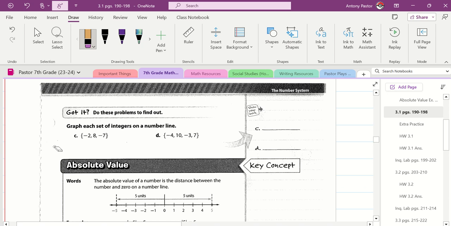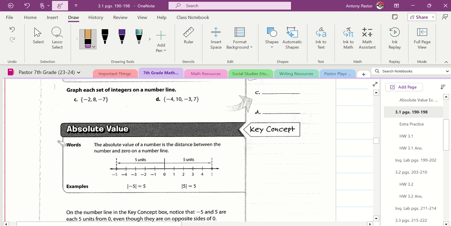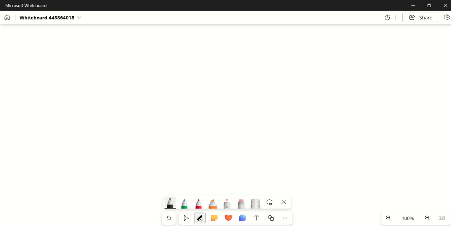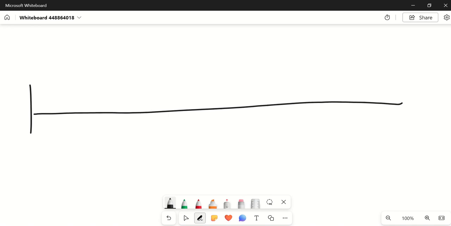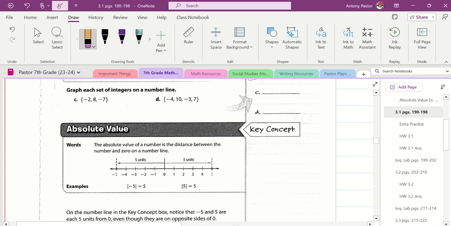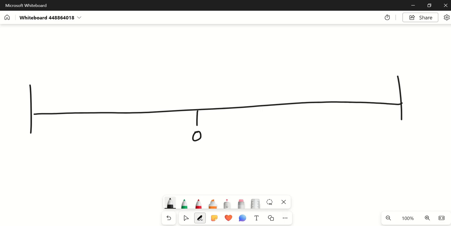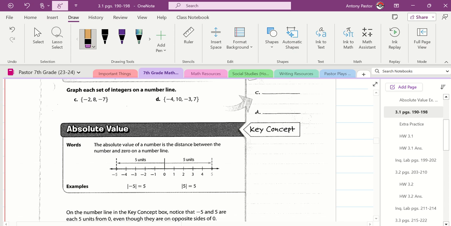Graph each set of integers on a number line. So here they want us to graph negative 2, 8, and negative 7. So we're going to go ahead and do this on our digital whiteboard. Putting 0 in the middle. Negative 2 would be on the left of 0, probably somewhere right here. So I put a dot there for negative 2.